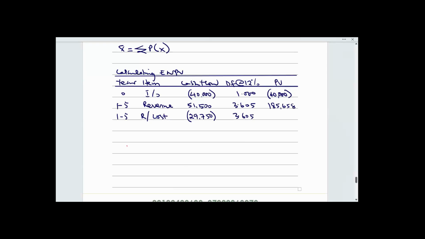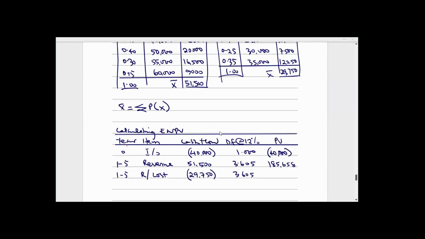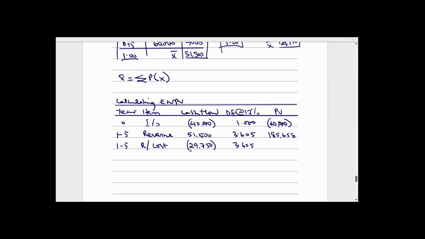Then 29,750 multiplied by 3.605 is 107,249. Then we find the difference, and that will give us the expected NPV.